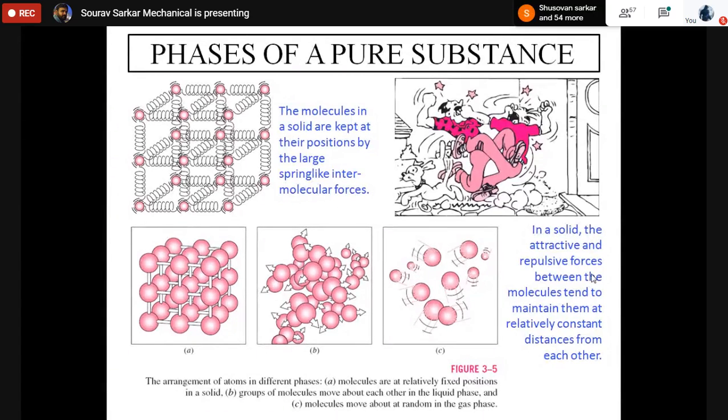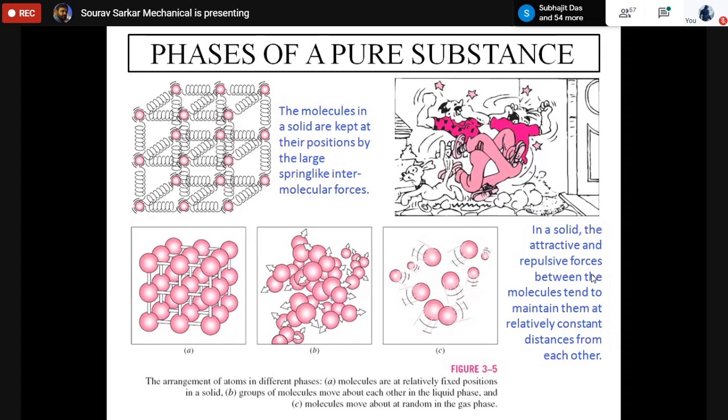These spring forces are connecting these molecules and creating a rigid structure. Whenever this spring force is very high, if two molecules are connected by springs with very strong stiffness, these molecules are not allowed to move freely. That state can be defined as a solid state or the solid.